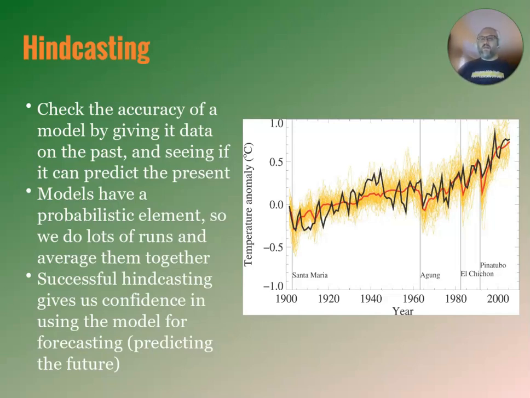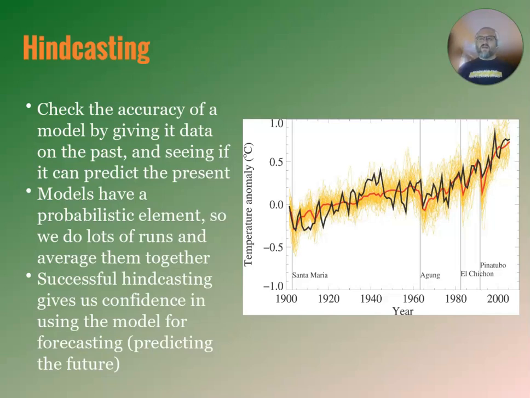So we basically take our model and we feed into it starting parameters from some point in the past, and then we try to use the model to predict what happens between then and now, the present, because that's a period of time that we have actual data for. Then we can compare what the model does over that time period to what actually happened on the Earth, and we can see if the model is matching up well to the real data.